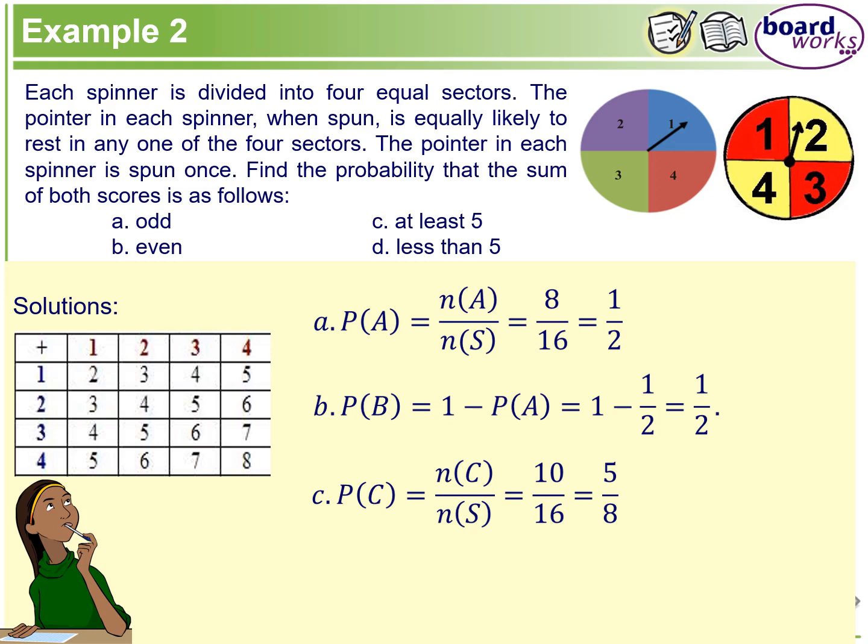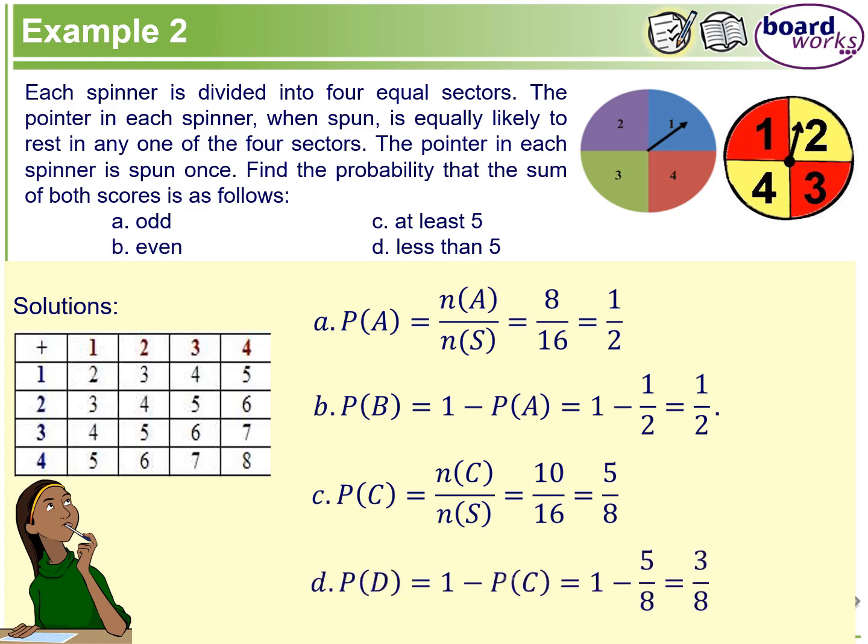So you will count all of those: 5, 5, 5, 5, 6, 6, 6, 7, 7, and 8, 10 in all, so over the total possible outcomes, which is 16, so reduced to the lowest term, that is 5 over 8. You may check your answer by counting the sums that are at least 5 in the possibility diagram.